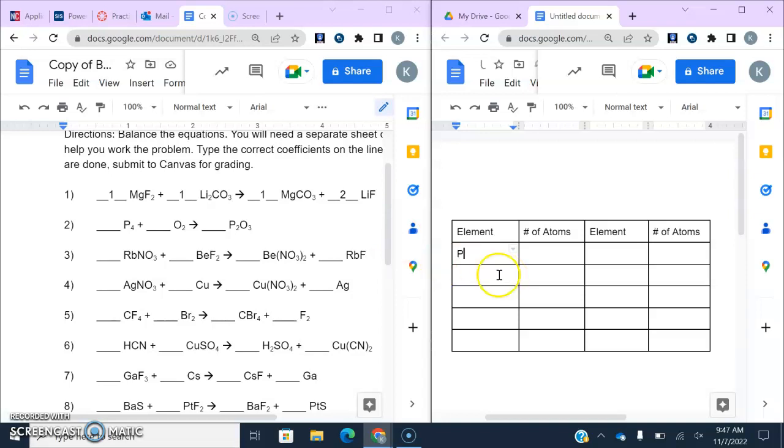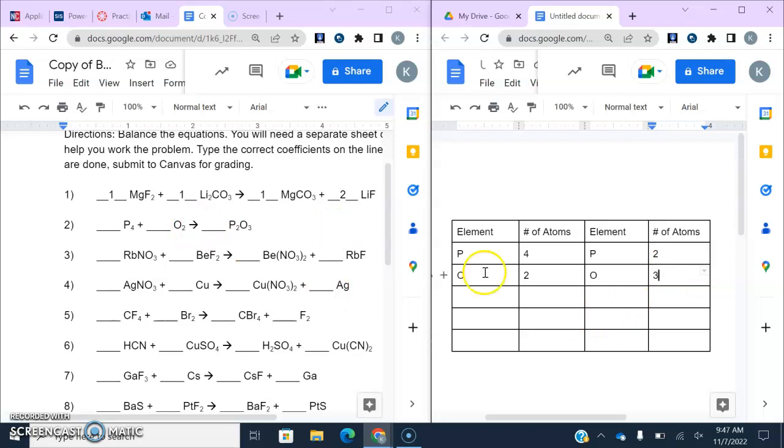So we have a phosphorus and an oxygen on our left, and of course a phosphorus and an oxygen on our right. On the left-hand side, we've got 4 phosphorus, because its subscript is 4. We've got 2 oxygen, and then on the right we've got 2 phosphorus and 3 oxygen.